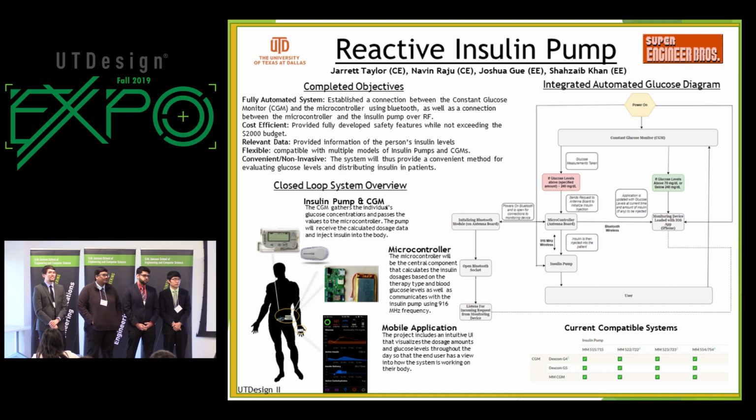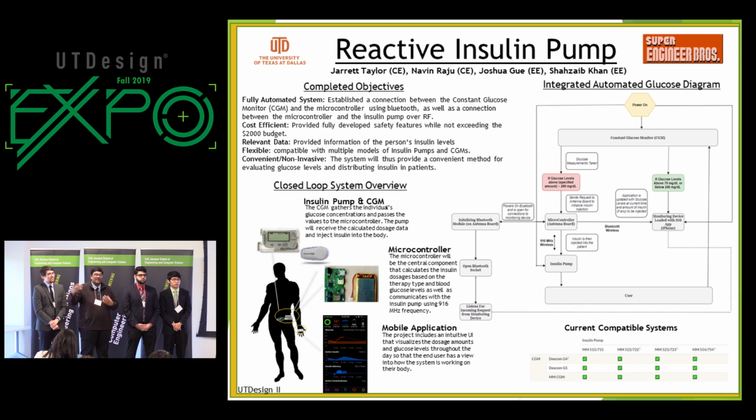Okay. Did you have any constraints for security to prevent hacking? The major security constraints, we didn't get a chance to implement those, and that's how we were able to build our project, essentially. The pump comes with a transceiver, so we're sending information to the pump via that transceiver.